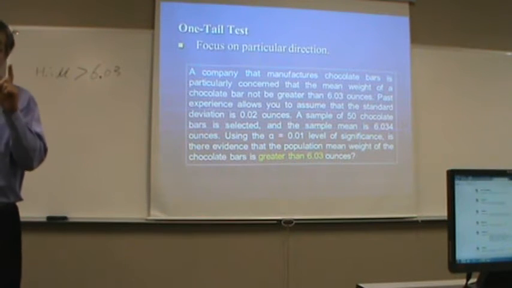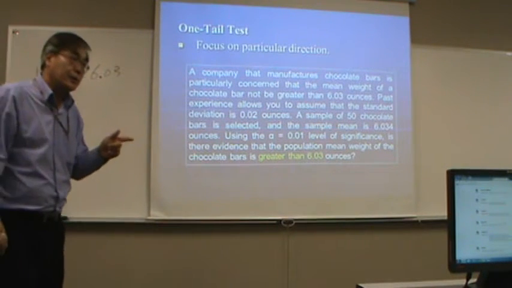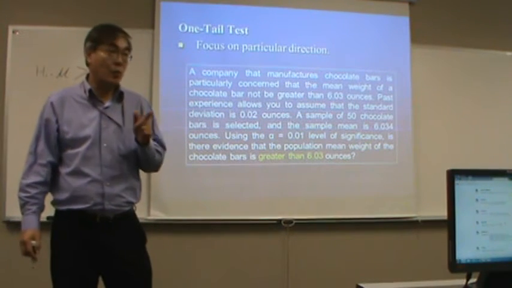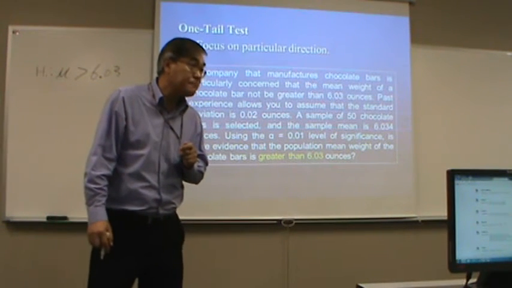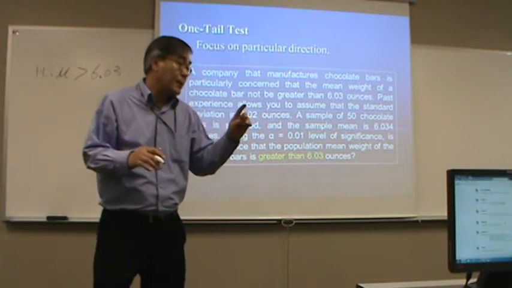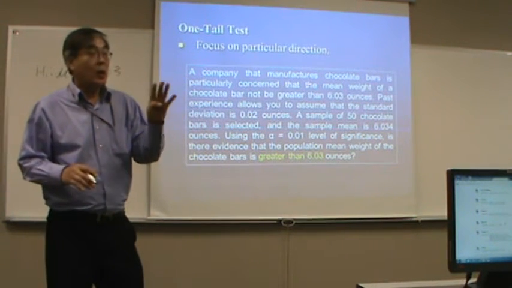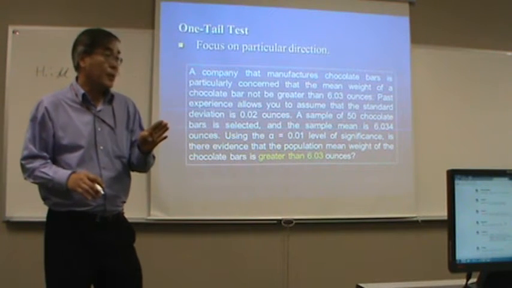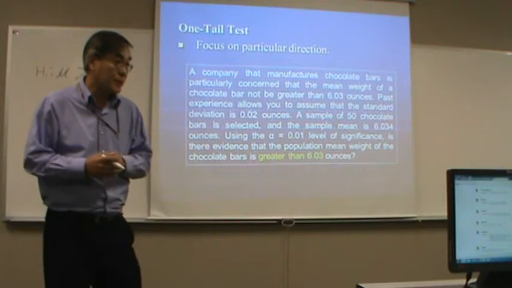In last class, at the beginning of chapter 10, the null hypothesis always contains an equal sign, right? Remember, I said keep it in mind. And the alternative hypothesis never contains an equal sign.